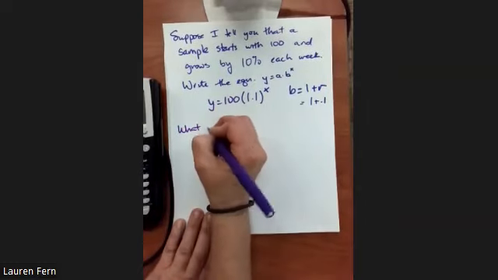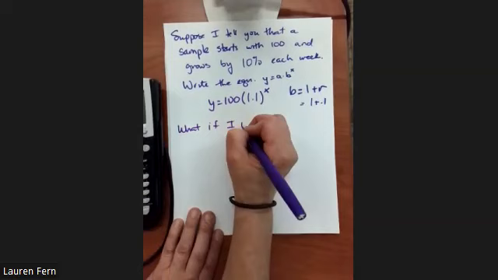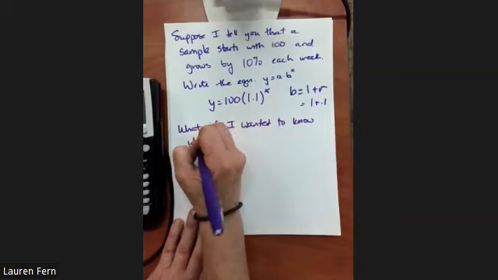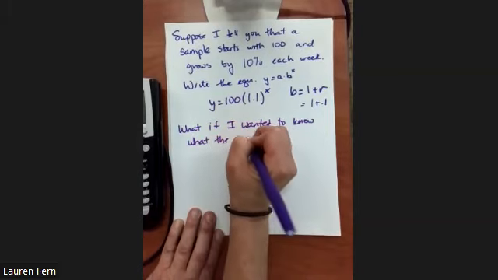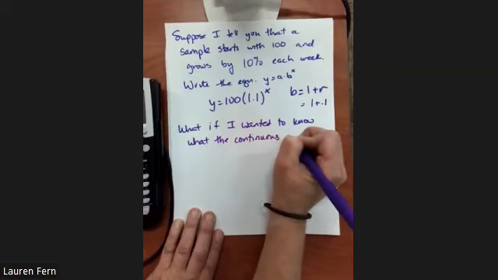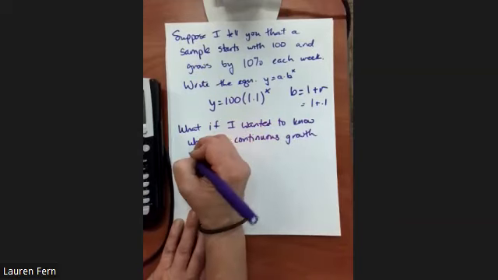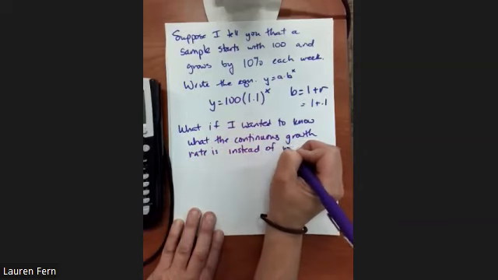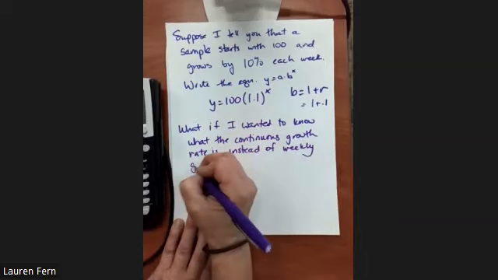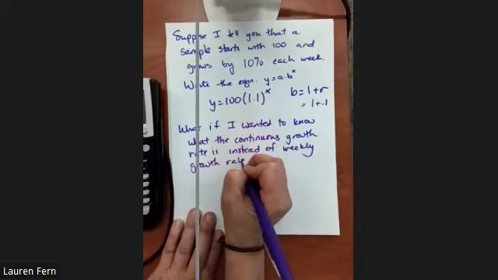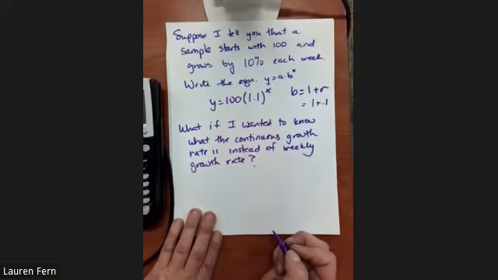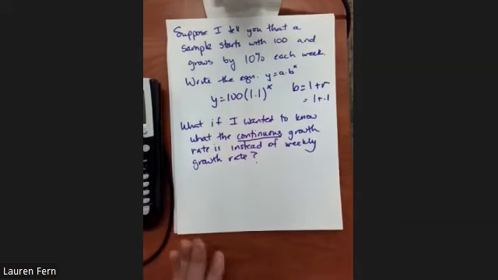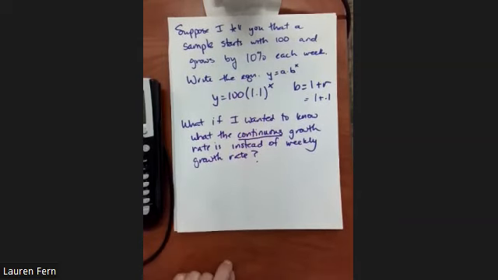So the burning question is, what if I wanted to know what the continuous growth rate is instead of weekly? The thing you want to keep in mind is once you see continuous, that is our magic number E.